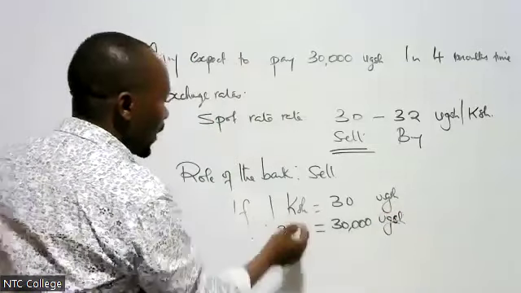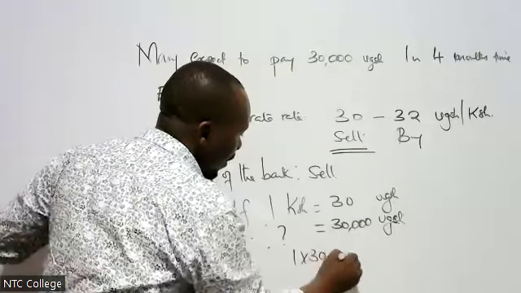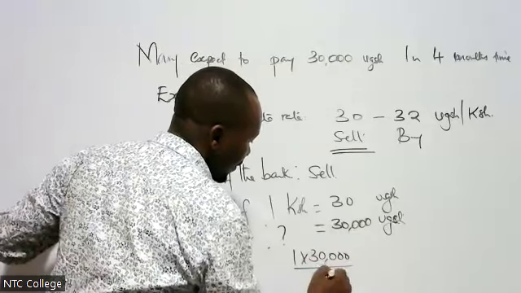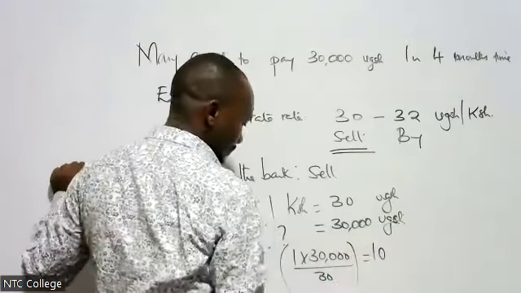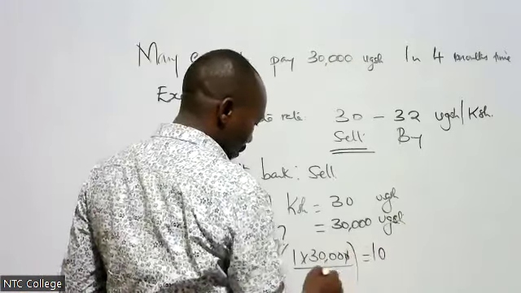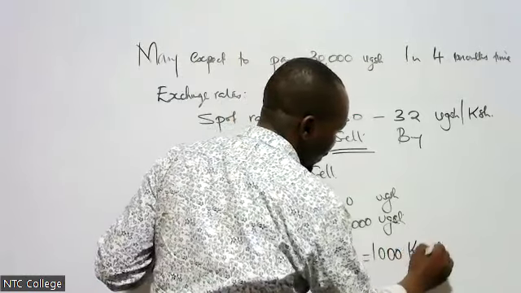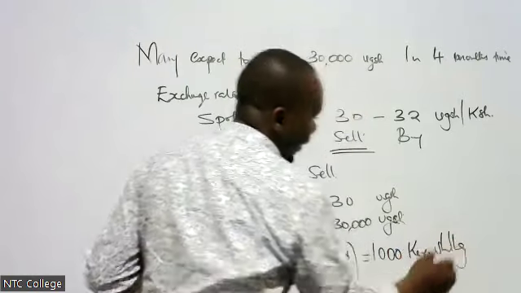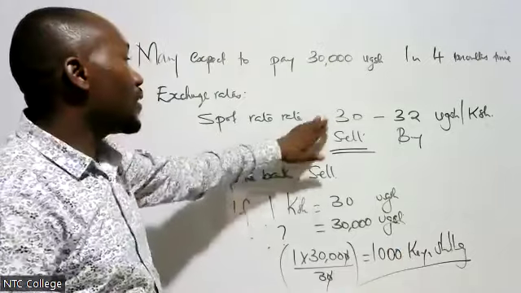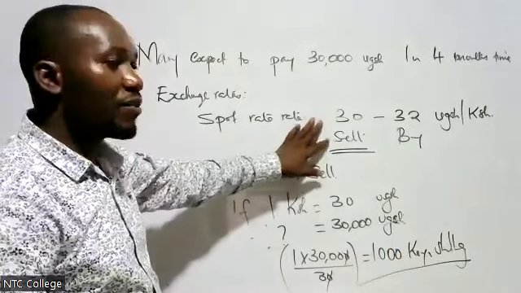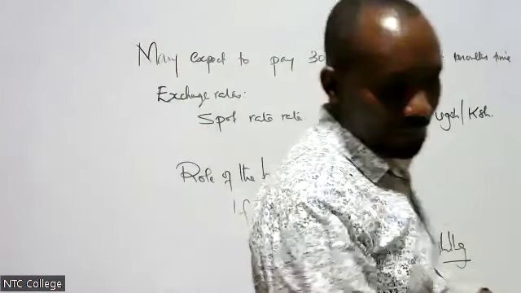So you cross multiply and say that 1 times 30. How much Kenya shillings is it? 1,000 Kenya shillings. So if she goes to the bank with 1,000 Kenya shillings, she will be given 30,000 Ugandan shillings, and then the payment goes there.